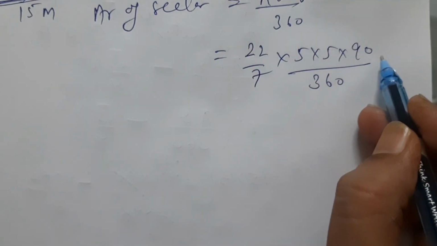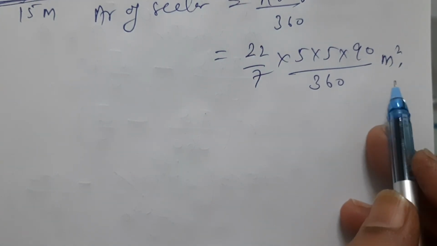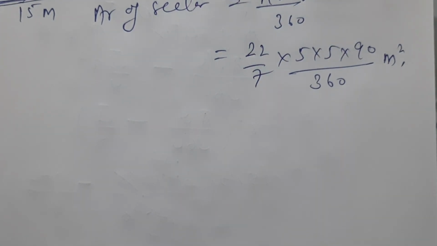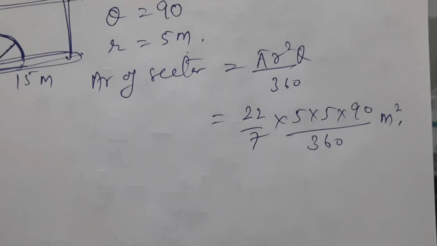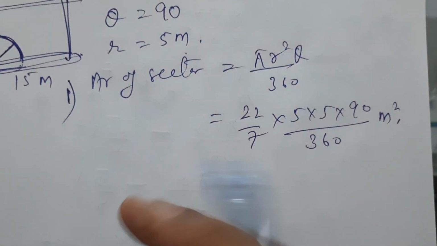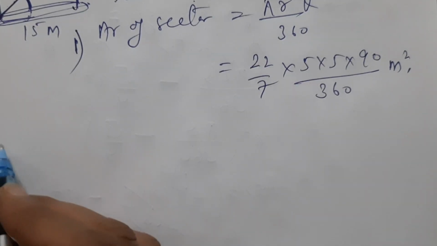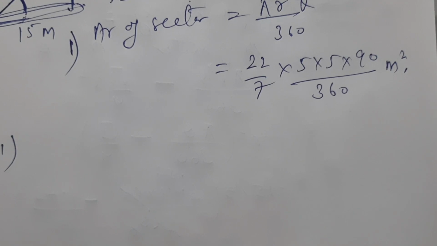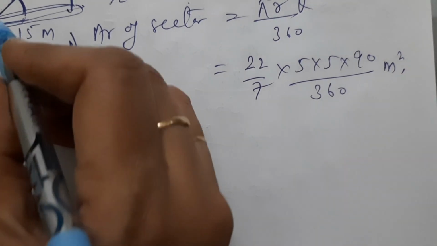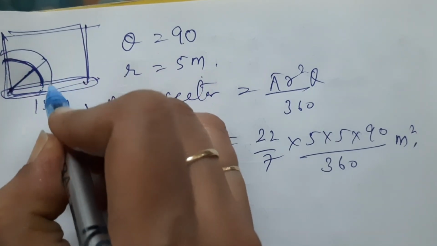Whenever we find area, we need to write square units, either meter square or centimeter square. This question has 2 parts. Find the area which the horse will graze. So this is the first part answer. The area which it will graze is the area of the sector. And the second part: if the rope is 10 meter instead of 5 meter, how much is the increase in the grazing area?